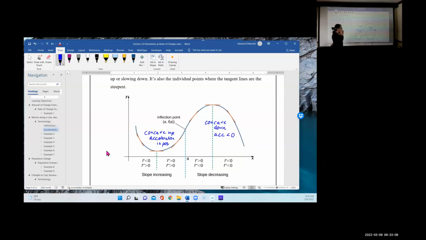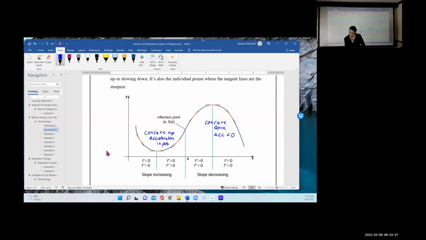What happens somewhere in between the concave up and the concave down is a single spot that's called the inflection point, where it changes the curvature. We call this the curvature. And at that point, what's happening is you are not speeding up and not slowing down. The acceleration at the inflection point is 0.